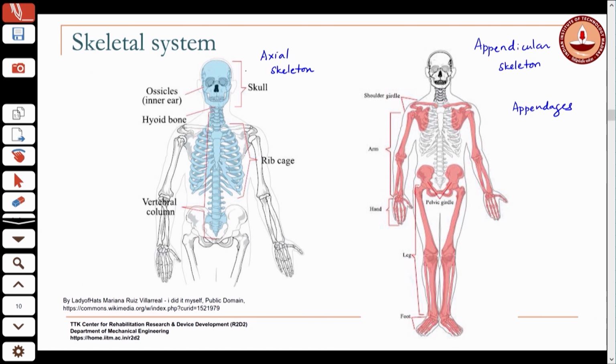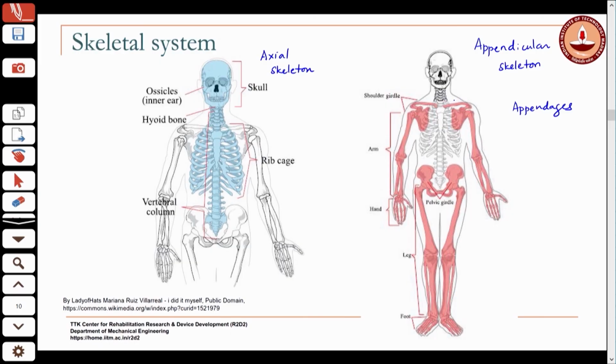So, in the axial skeleton you have the skull, the spinal column or the vertebral column, and the rib cage; these all form part of the axial skeleton. And in the appendicular skeleton you have what is known as the shoulder girdle, because that is the part that connects the appendages to the axial skeleton. It is like the framework for the arms to connect, which is formed by the clavicle and the scapula.